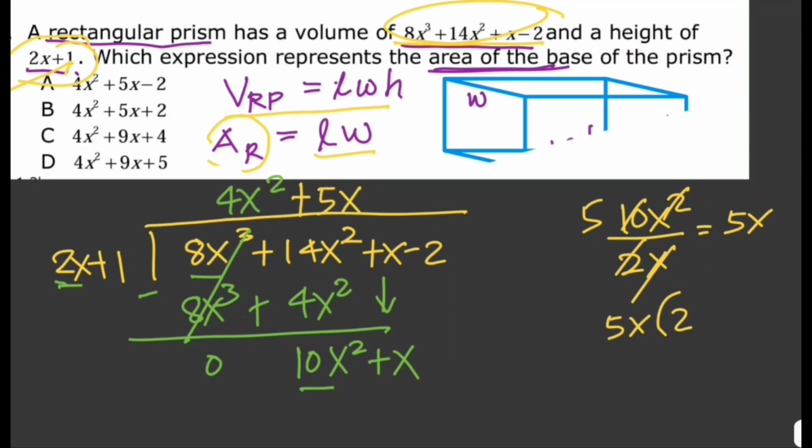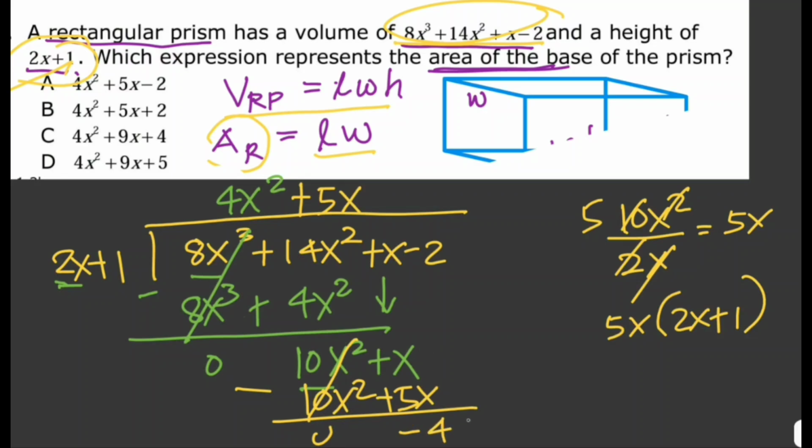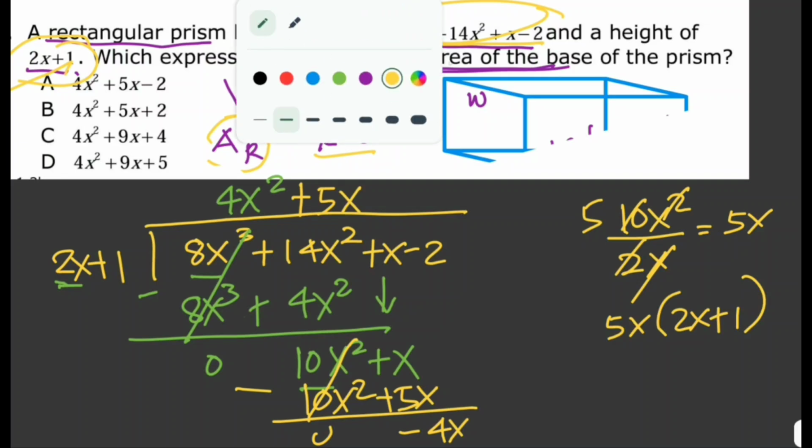Then 5x times 2x plus 1. So 5x times 2x is just 10x squared. Then 5x times 1 is 5x. Then we subtract. This is 0. Then x minus 5x is just equal to negative 4x.